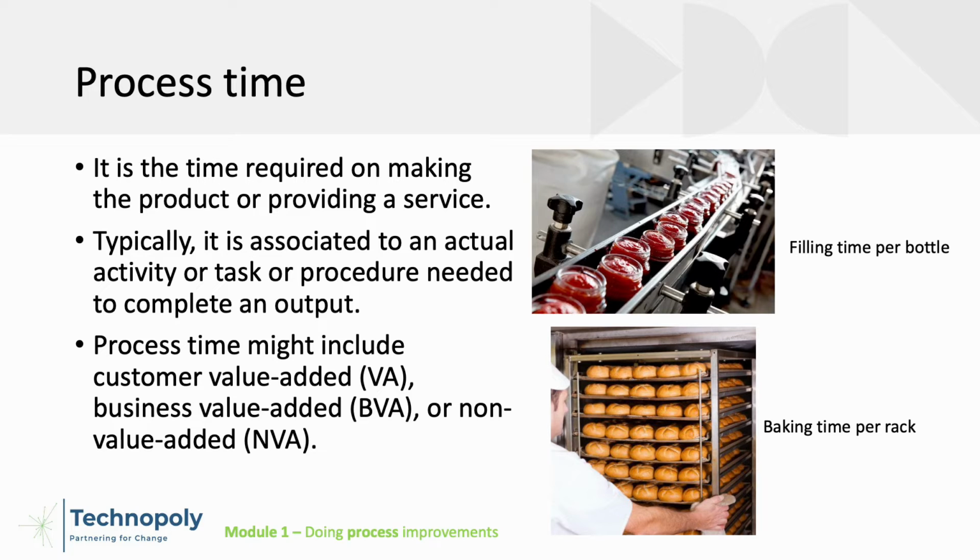And sometimes you can also have some non-value-added activities embedded in it. But in general, process times are simply those that are truly important for performing the task at hand. Examples would be the filling part or the baking, which are examples of process times that we often see in our own areas.